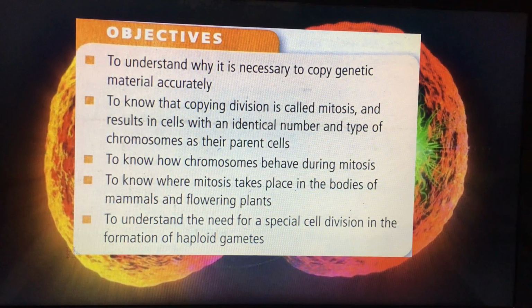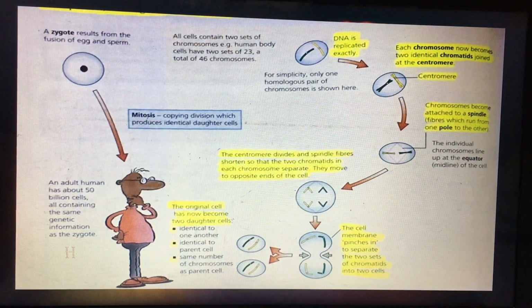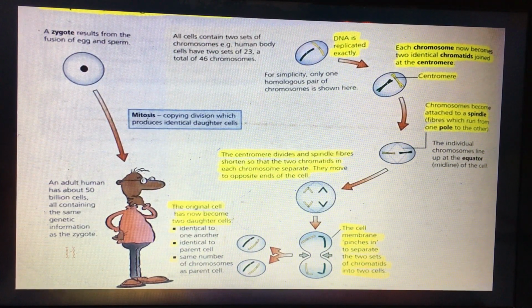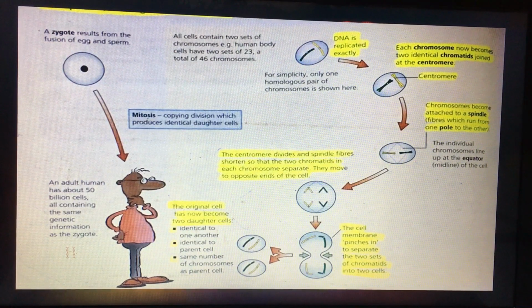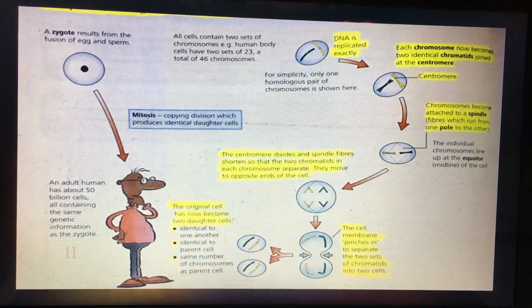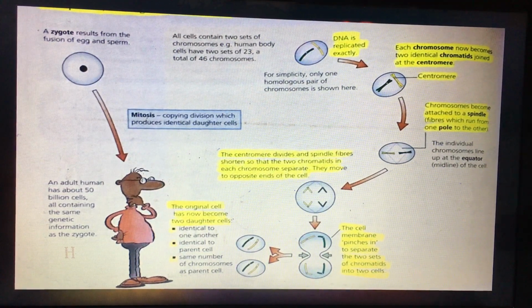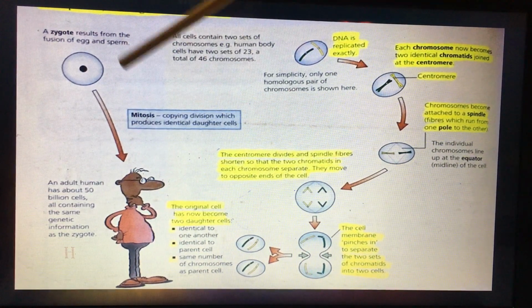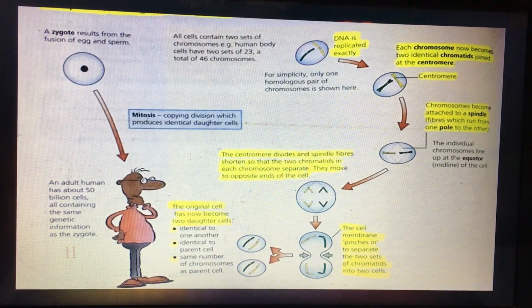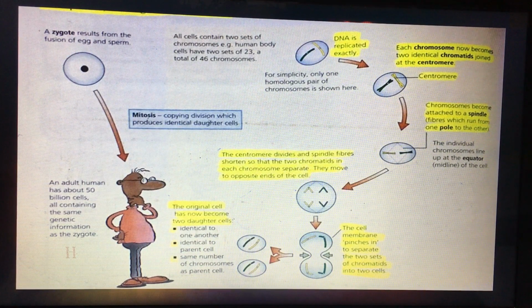So let's start with mitosis as copying division. As you know, characteristics are transmitted from one generation of cells to the next. So let's focus on this picture to understand mitosis. Let's start with the zygote. You know that the zygote results from the fusion of egg and sperm.